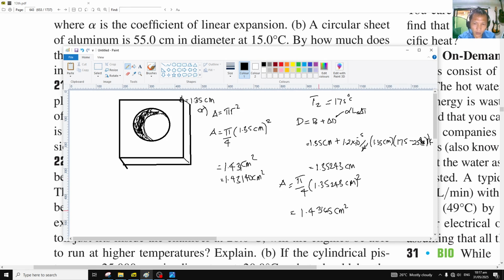Then 1.35243 squared times pi divided by 4. That will give us 1.436555 actually, in 6 significant figures. This way, we can differentiate between the two sides here.